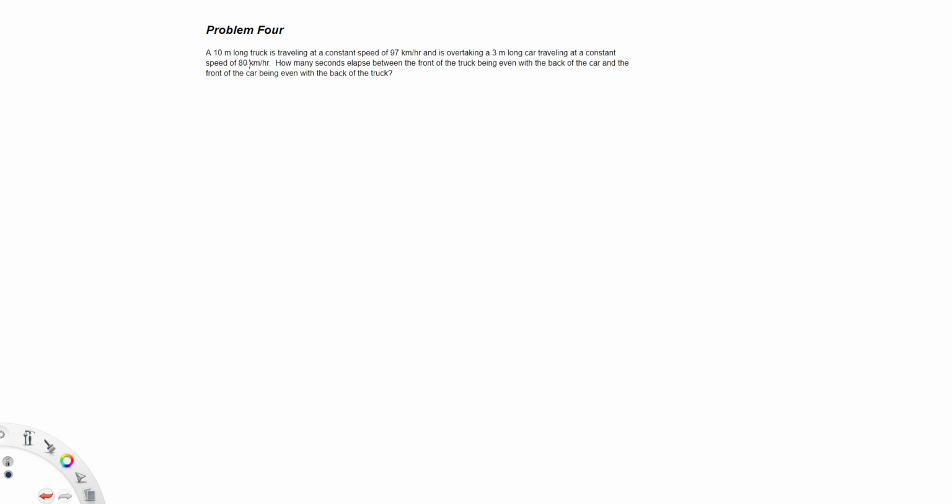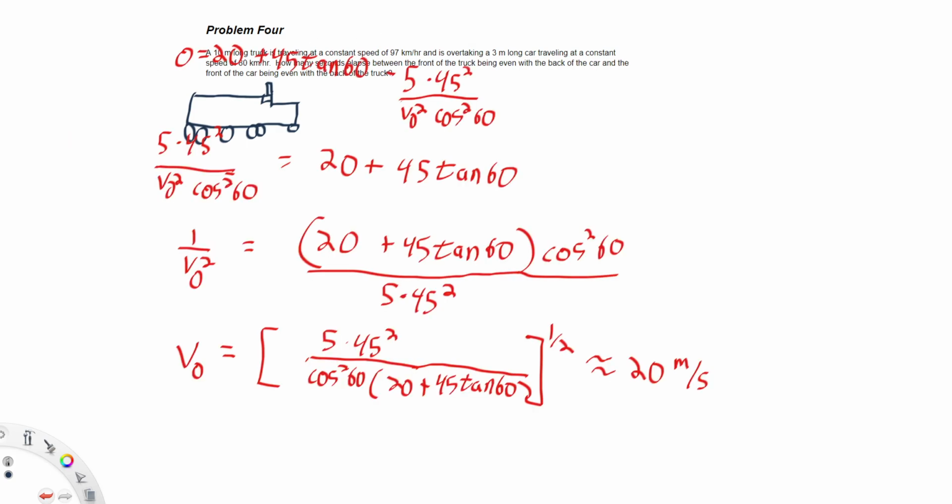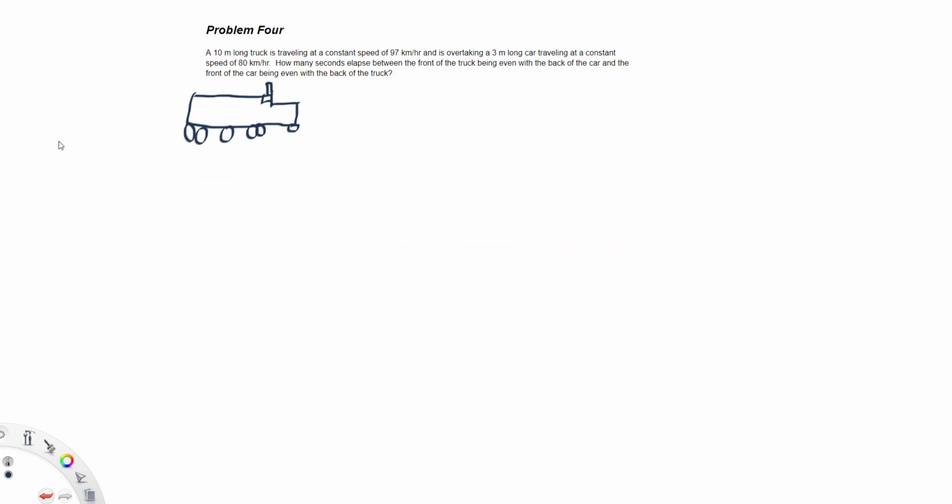So we actually have 2 situations we want to compare. So let's draw a picture for each of them. So we have a truck. All right, let's see. That's enough wheels, I think. No, it's not a steam engine. All right.